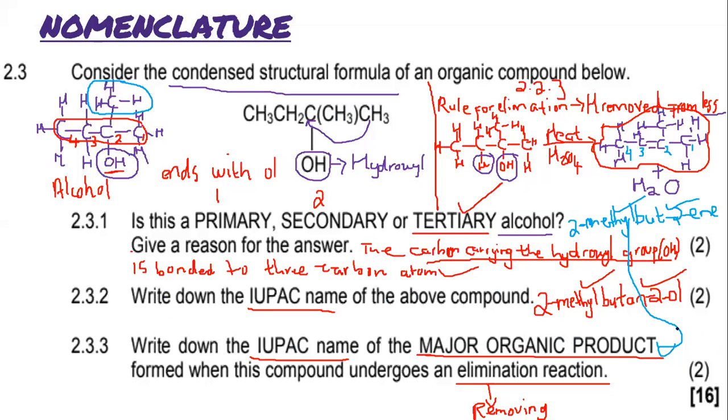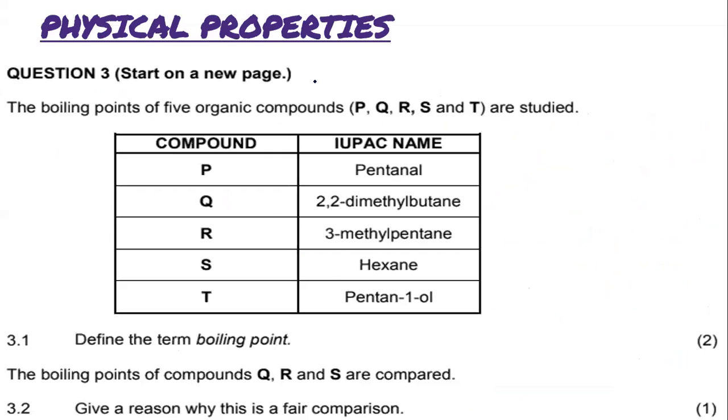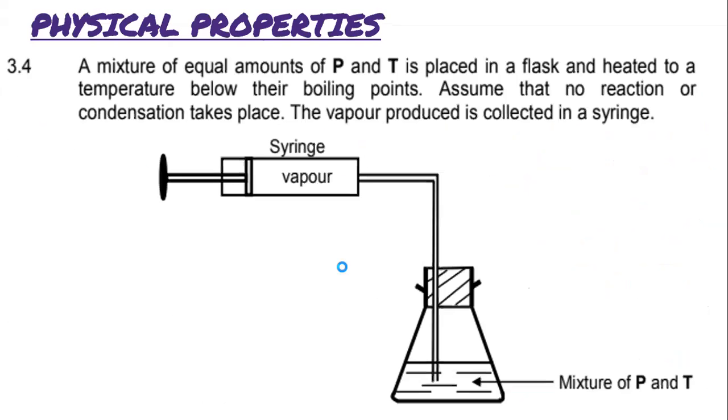Use these questions as a tool to study and to check what you remember. For tomorrow, my dear learners, we are going to look at questions on physical properties and move further into organic reactions altogether.